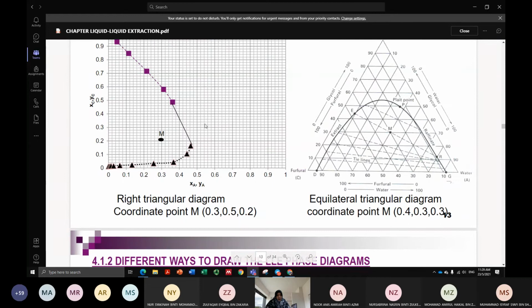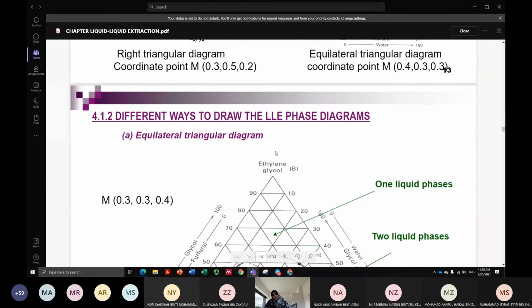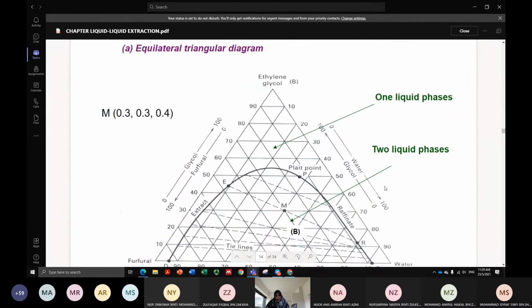This is sometimes important because sometimes you will be asked to label your diagram, so you should know where to label your diagram properly.